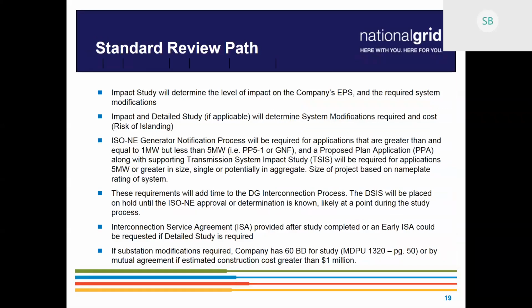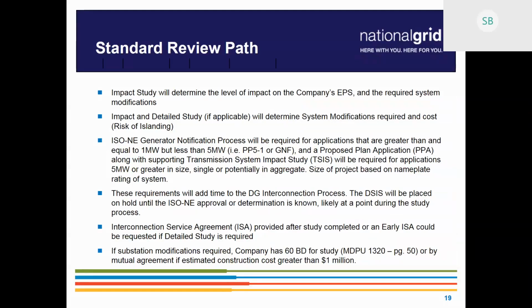The impact study will determine the level of impact on the company's electric power standards and the required system modifications. It will also determine the cost and the risk of islanding. During this time, you'll also know whether your project will cost over $1 million.